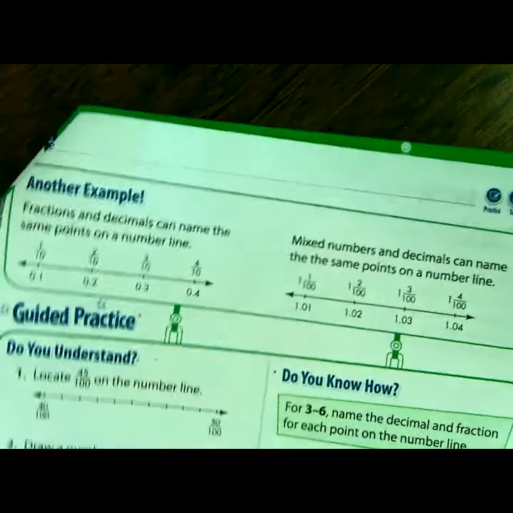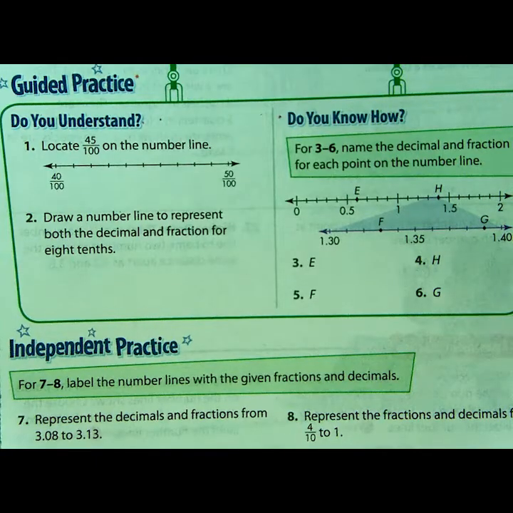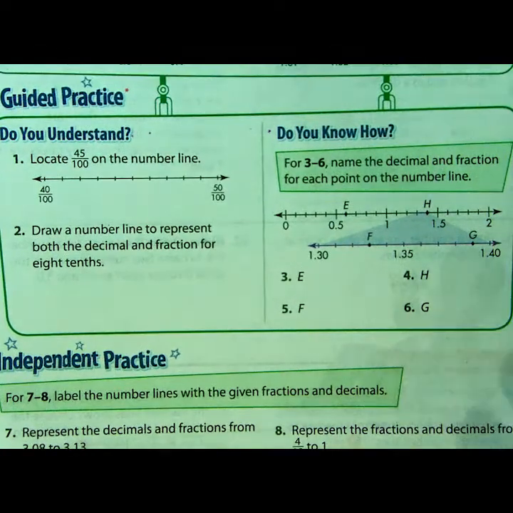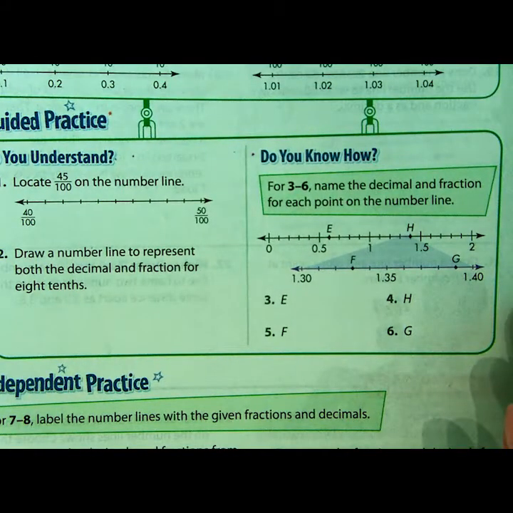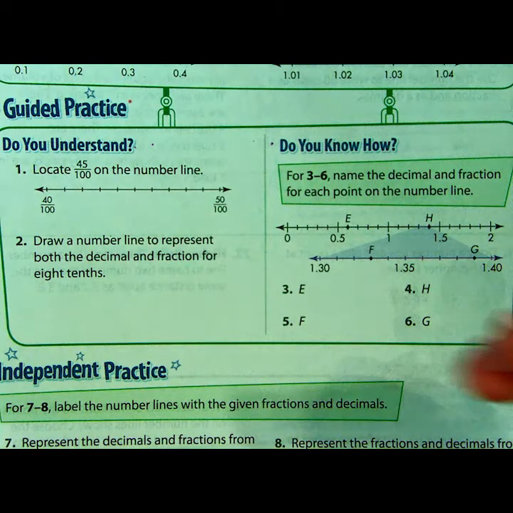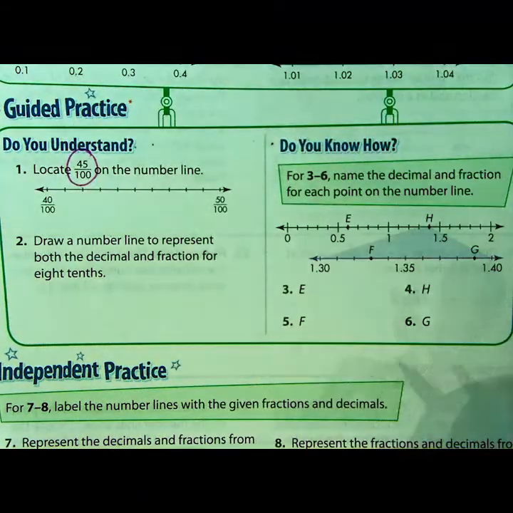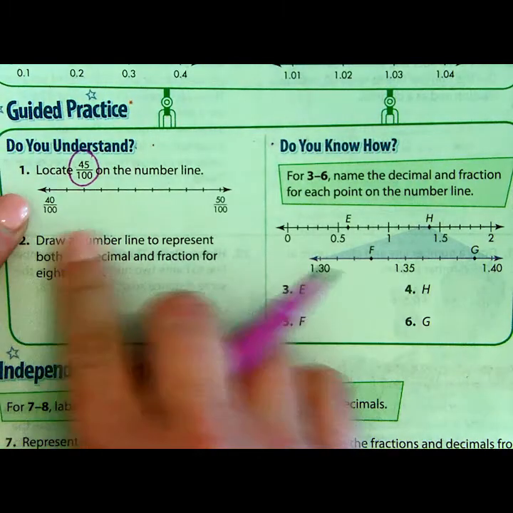So today, you guys are going to complete a few on your own. Let's look at just one last problem before I set you guys free to get started. So let's say you have to locate a number on the number line, 45/100ths. And now they've given you 2 starting points. So you're going between 40 and 50, and it looks like you have 10 parts here.